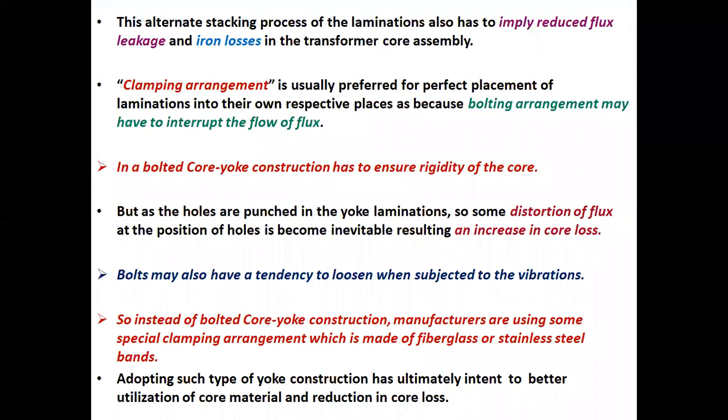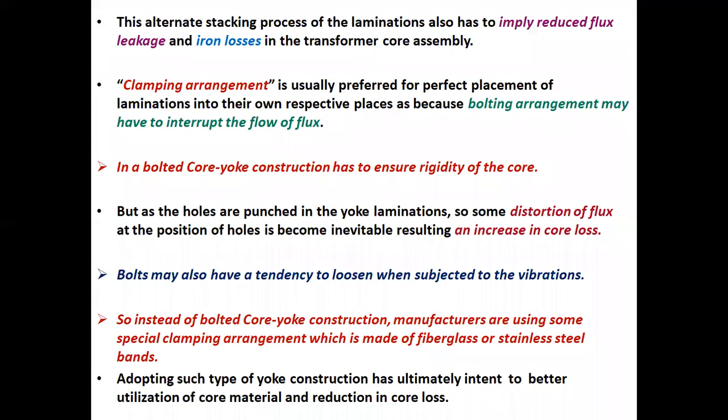The alternate stacking process of the laminations also helps reduce flux leakage and iron losses in the transformer core assembly. A clamping arrangement is usually preferred for perfect placement of laminations into their respective places, because a bolting arrangement may interrupt the flow of flux.